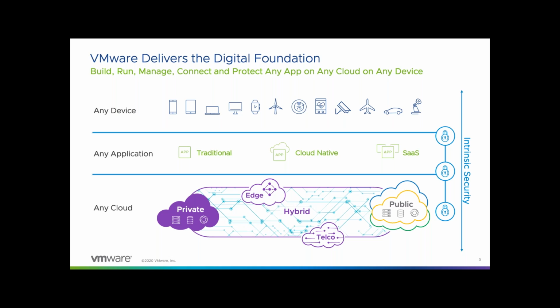You can connect all of this, apps, clouds, data, and endpoints, with software-defined networking, which provides a consistent platform across all these cloud types and applications, giving you greater scale and security.